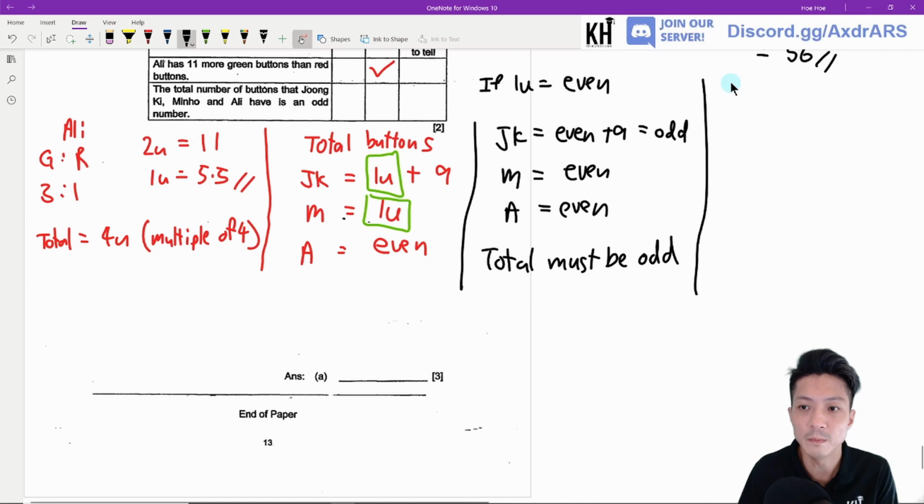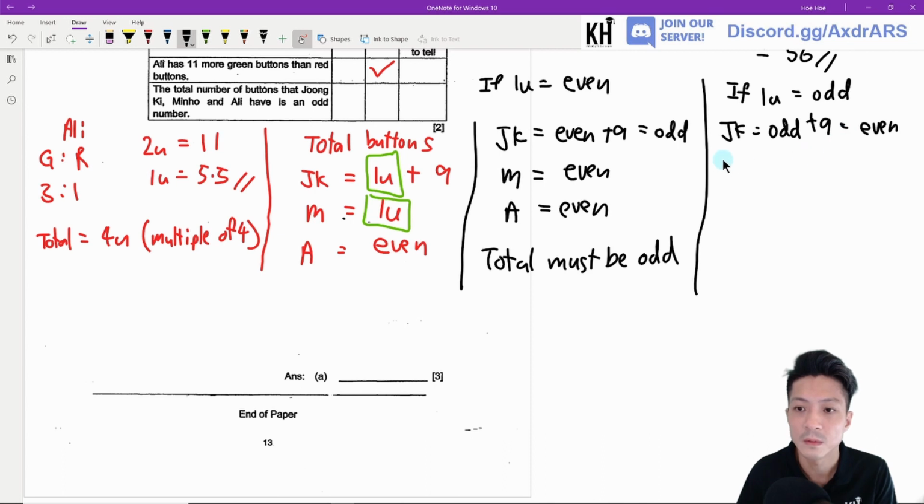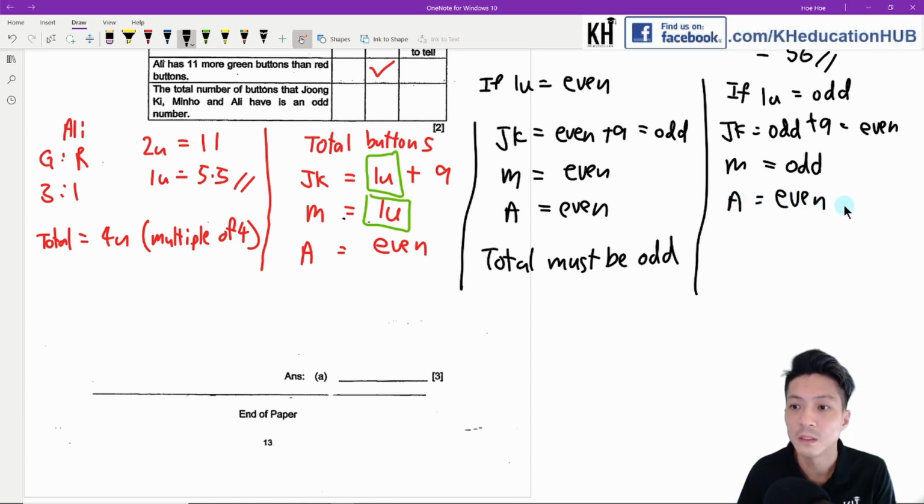Okay, if 1 unit is odd, JK will be odd plus 9, which is equal to even. Minho will be odd. Ali will remain as even.